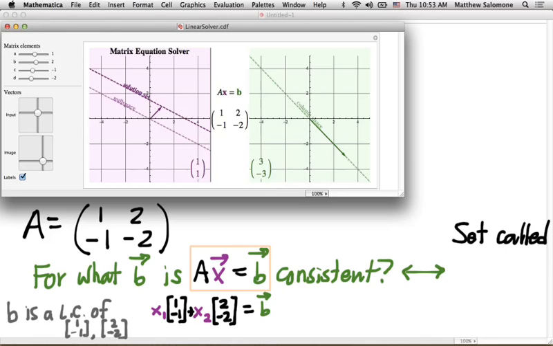And because these are the columns of A, the set of such vectors b, the set of linear combinations of the columns of the matrix, is called the column space of A.